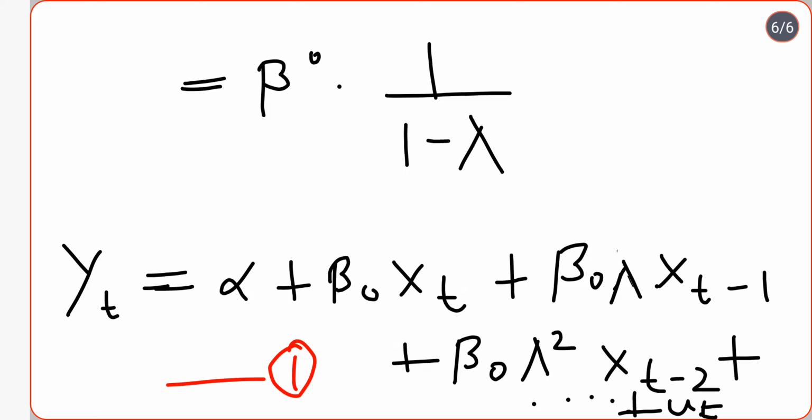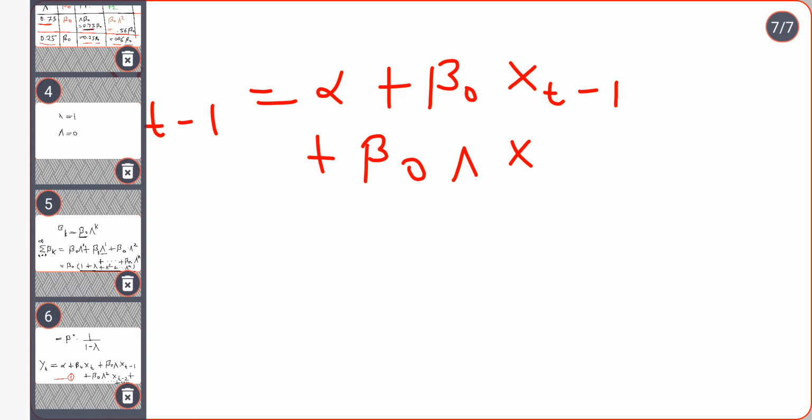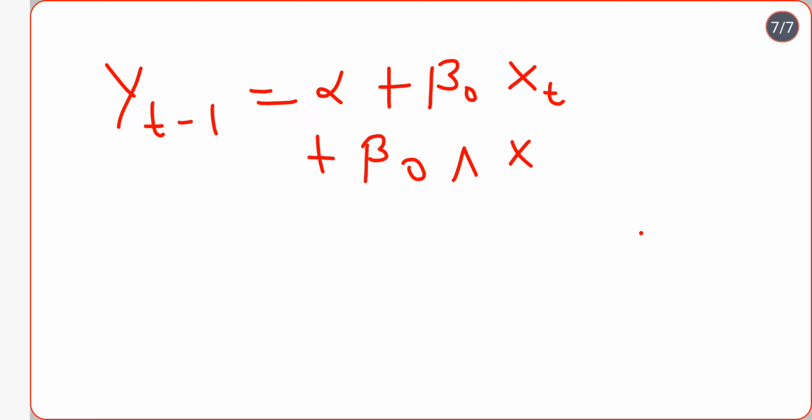We will take a 1 period lag of this equation, so the equation will become yt minus 1 equals alpha plus beta 0 xt minus 1 plus beta 0 lambda xt minus 2, sorry, I have written it a little wrong. It should be yt minus 1 equals alpha plus beta 0 xt minus 1, then beta 0 lambda xt minus 2, and then beta 0 lambda square xt minus 3 plus ut minus 1.